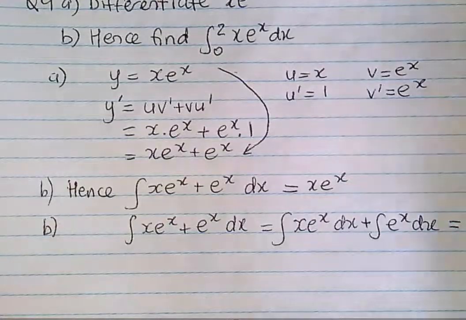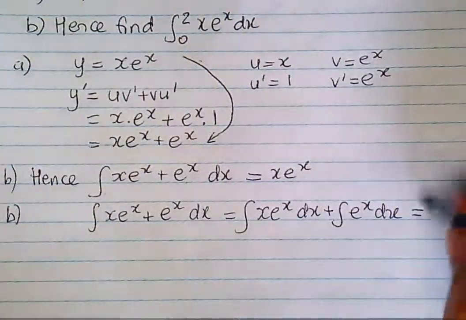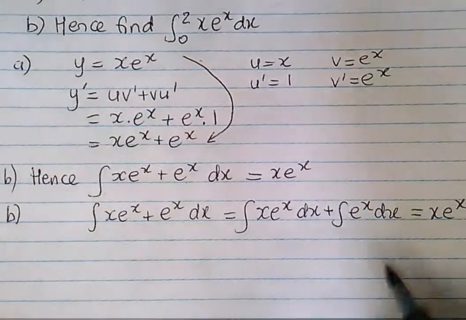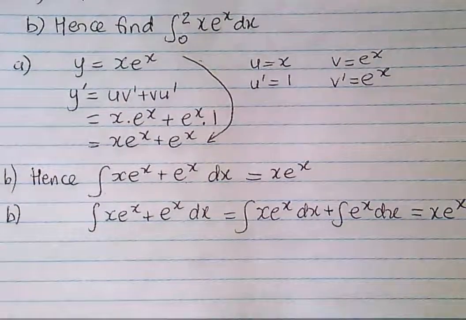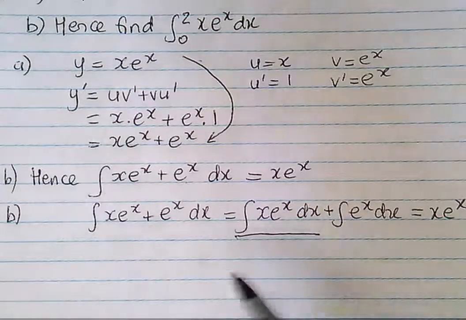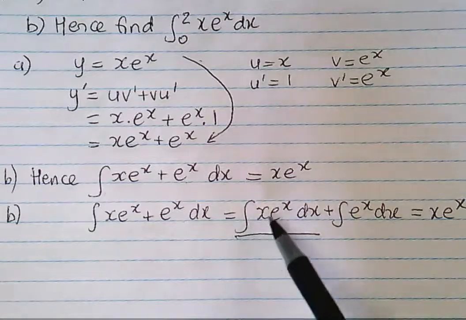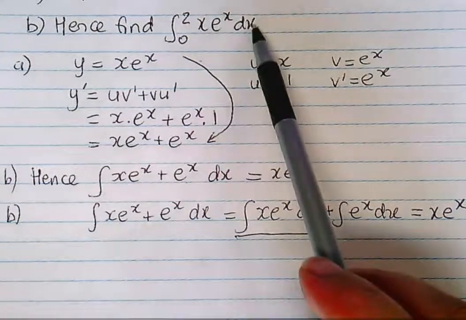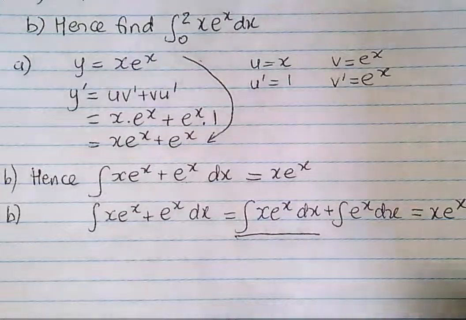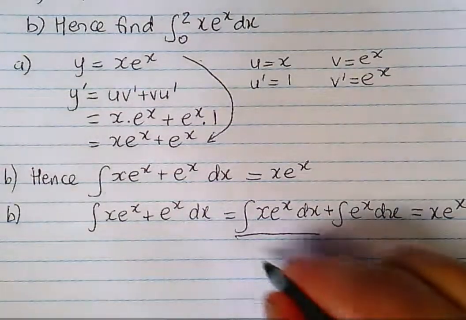Now we know that if you integrate all of this, you get x e to the x. The reason I've broken this up is that I just want to integrate x e to the x with respect to x. I'm not going to worry about the 2 and 0 yet. Let's just do it as an indefinite integral first.